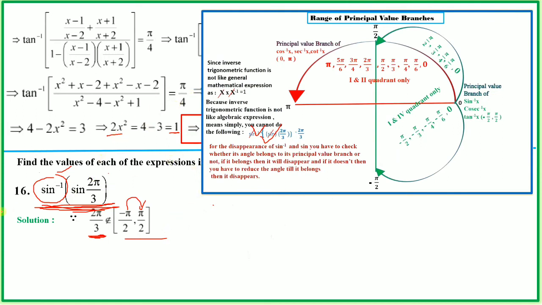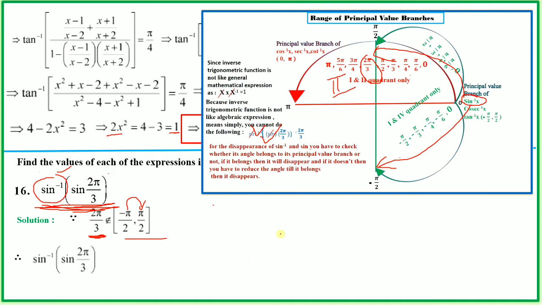Since sine inverse belongs to the first and fourth quadrants, and 2π by 3 is in the second quadrant, sine inverse has no direct relationship there. So we will reduce this angle to the first or fourth quadrant.